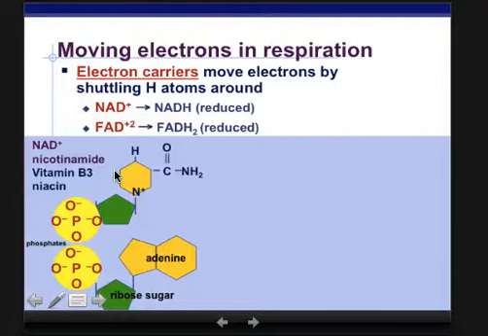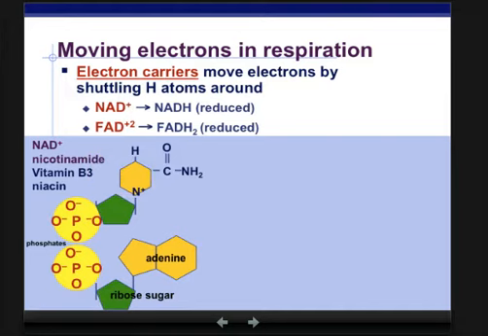The enzymatic transfer of 2 electrons and 1 proton, an H+, from an organic molecule in food to NAD+, reduces NAD+ to NADH. And the second proton, the other H+, is released. So that's what we're going to look at right here. Here's the sugars, and here's the nicotinamide.